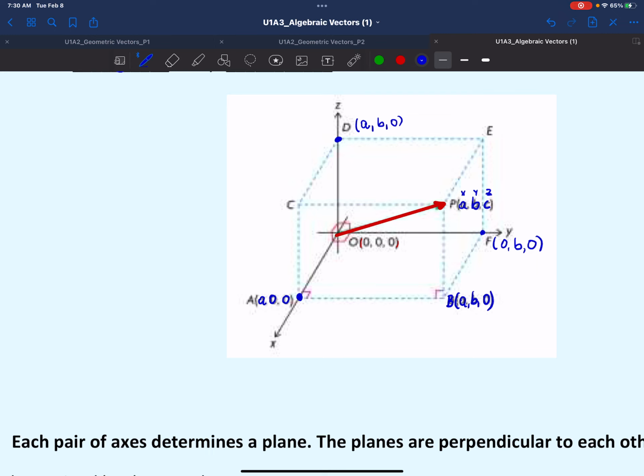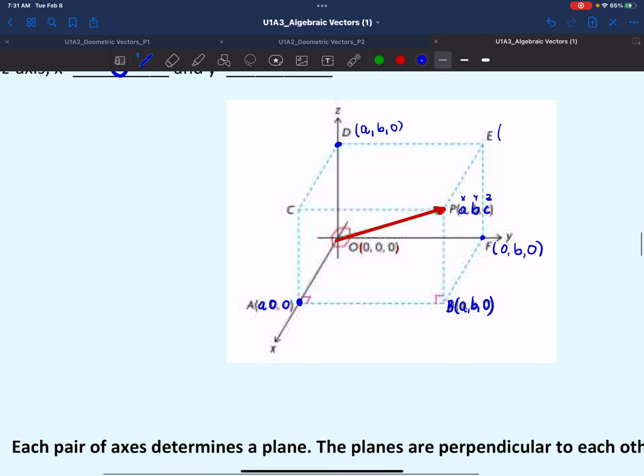Now, we're going to take a look at the points on the plane. We actually just did the point B here, A, B, and 0. So now we're going to go to point E, which is on the ZY plane. So on the ZY plane, X will be 0. The other two coordinates will be different than 0. So let's take a look at the next point, this point here, C, for example.